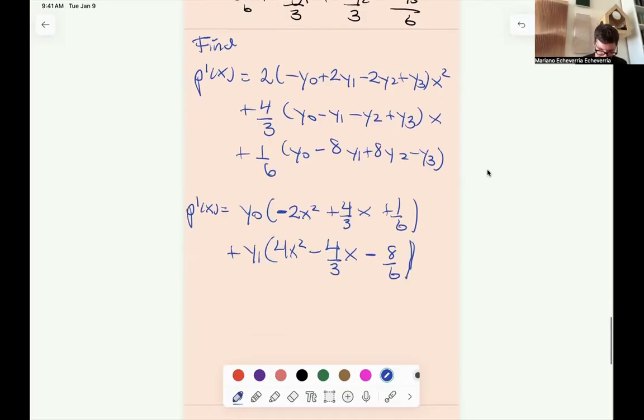Then what has a y2? The stuff with y2 you have -4x squared, then also a -4 thirds x, and then also an 8 over 6.